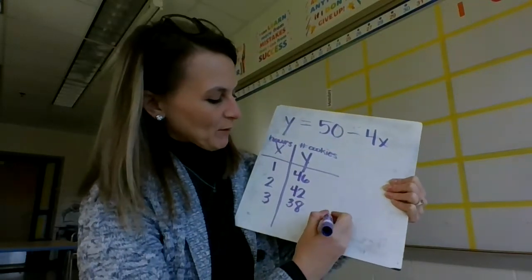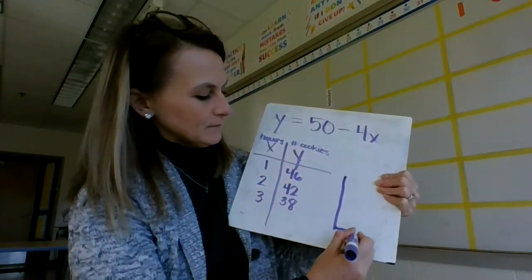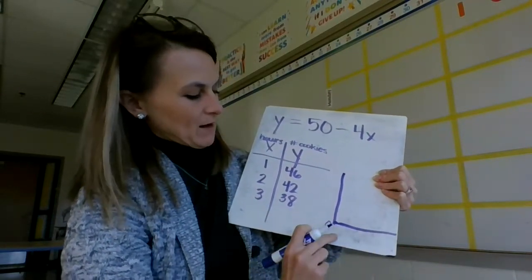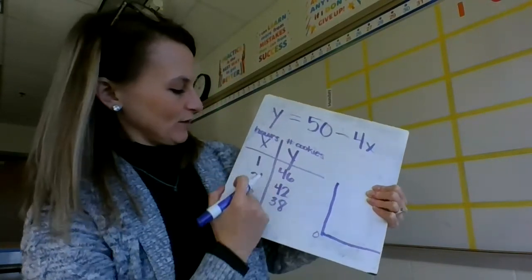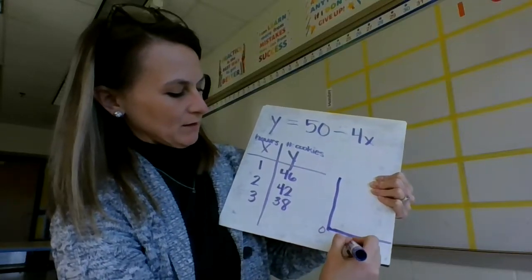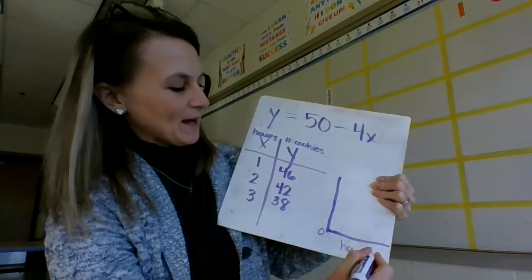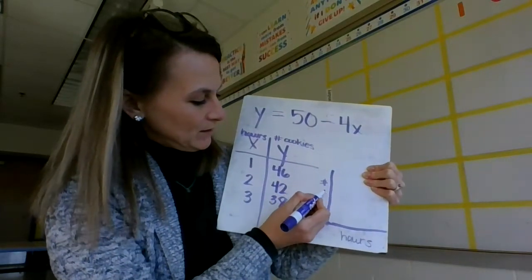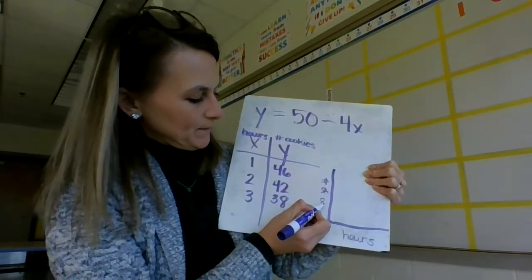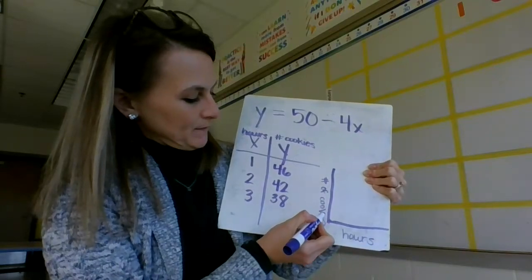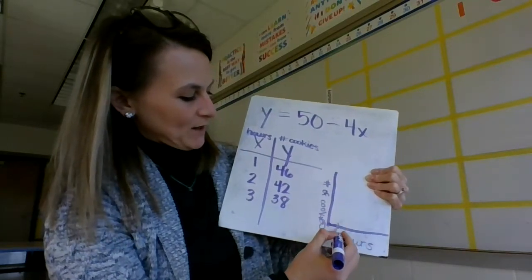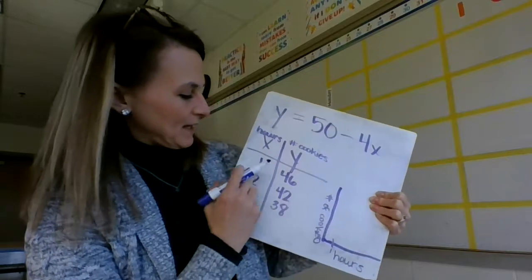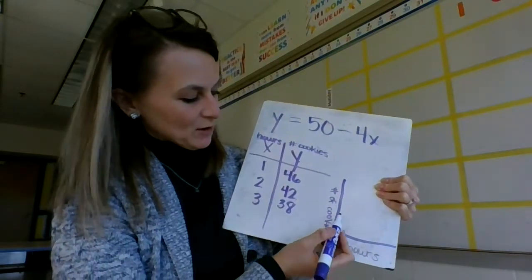So if, again, we were going to graph, okay, our x-axis over here is how many hours have passed, and our y-axis is the number of cookies. Okay, so after 1 hour, it said that she's going to have 46 cookies left.